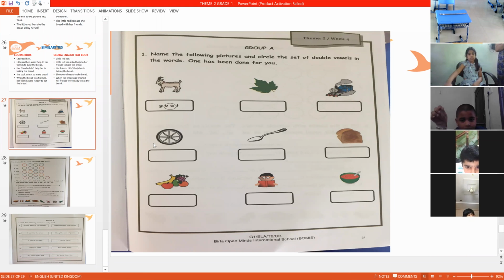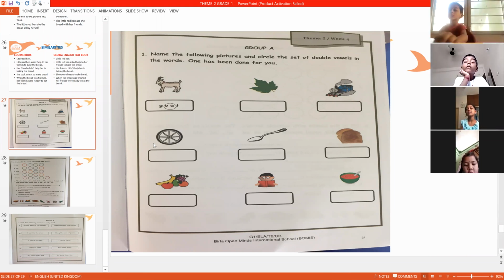Yes, children. So now we are going to learn about double vowel words.